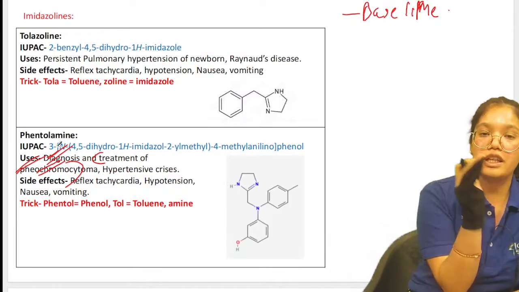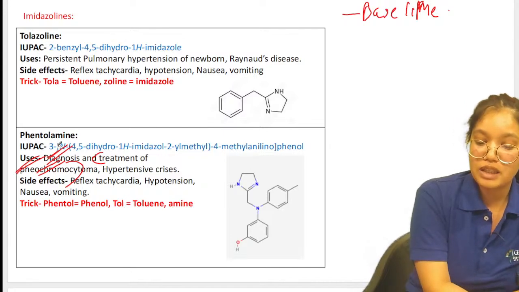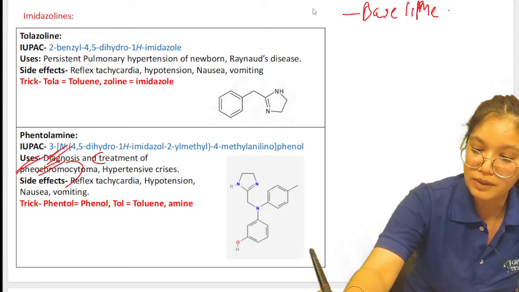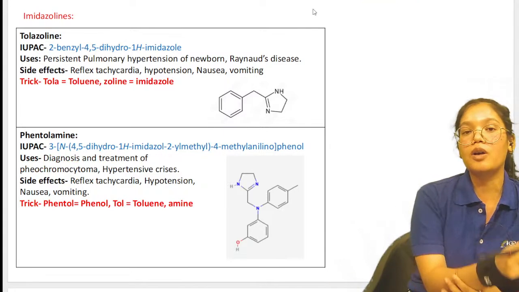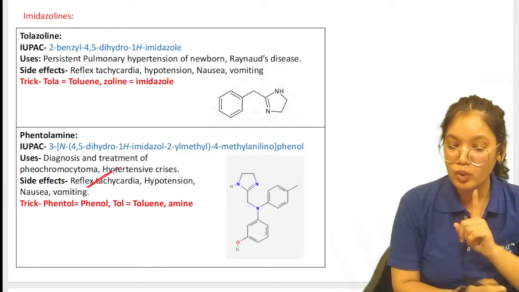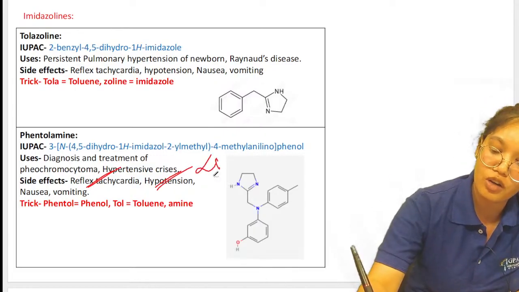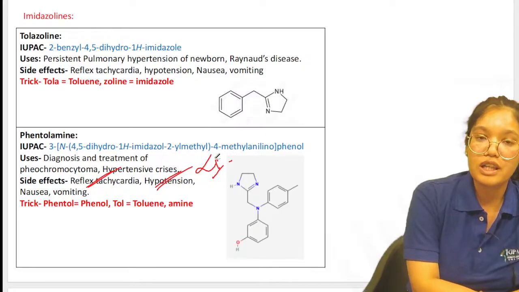He or she is suffering from pheochromocytoma. Then hypertensive crisis, it is also used there. Then talking about the side effects, reflex tachycardia due to the blocking of the alpha-2 receptor, then hypotension due to vasodilation and blocking of alpha-1 receptor, then nausea, vomiting.